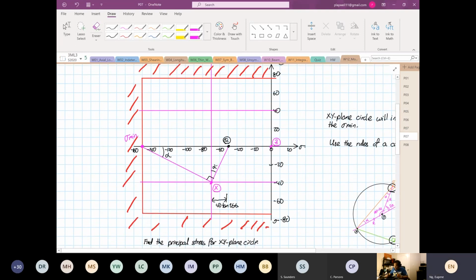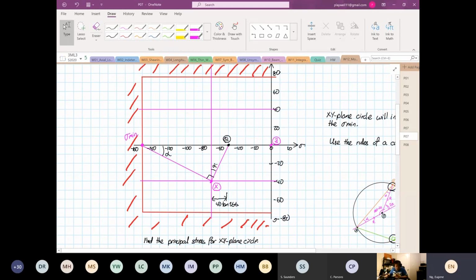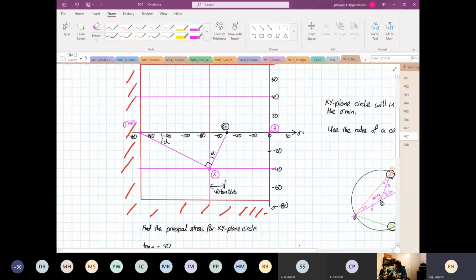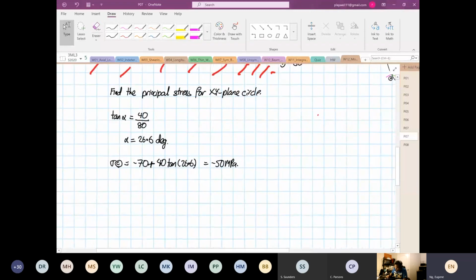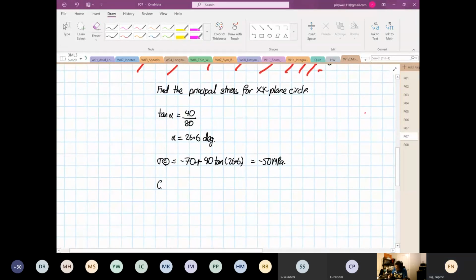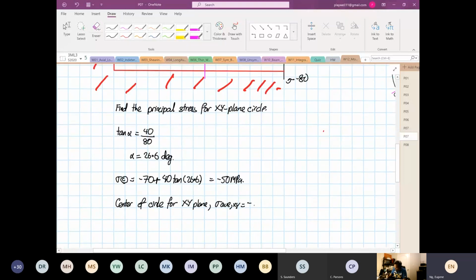From here, we can construct one circle now. We can calculate our stress average, the center of the circle for the XY plane. The stress average on the XY plane is equal to minus 50 plus minus 150, divided by 2.